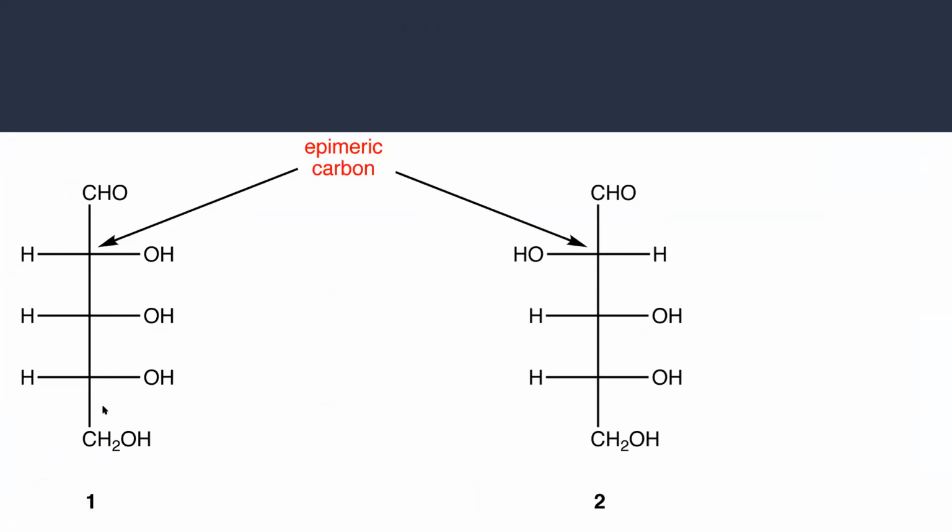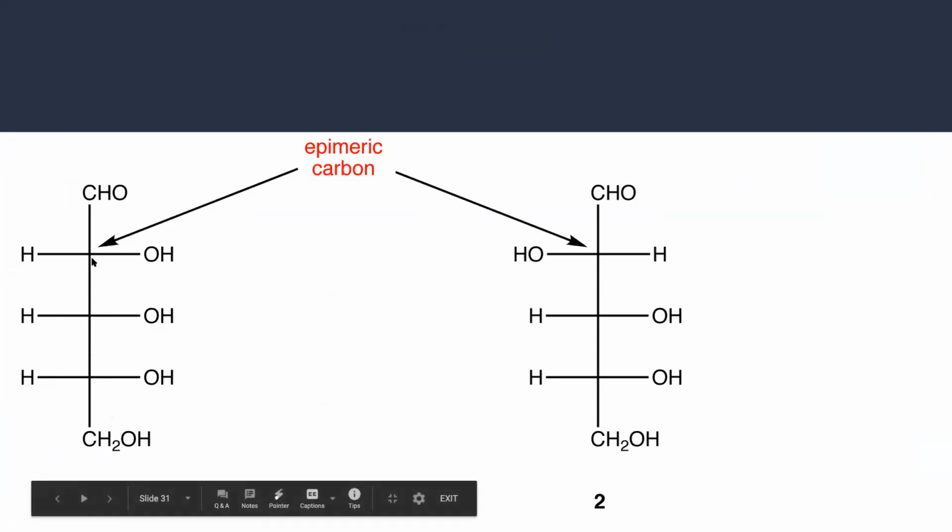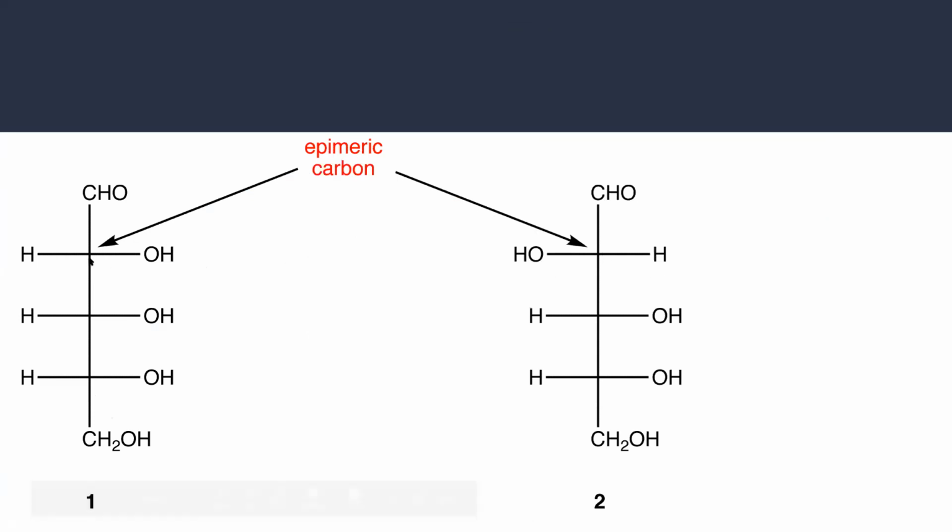So here, all of these are the same and only the last one is different, and that's what the epimer is, at the carbon center right there. For diastereomers, that's not always the case. You just need at least one that is opposite, but some might be the same, some might not.